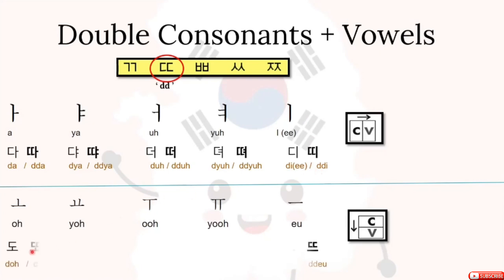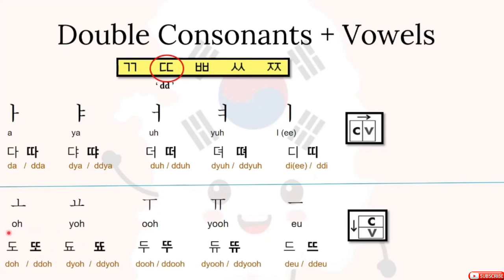All right, next set of vowels. D and o becomes do, like do, re, mi, fa, do. But for double consonants, D and O becomes do. Do in Korean also means "also."